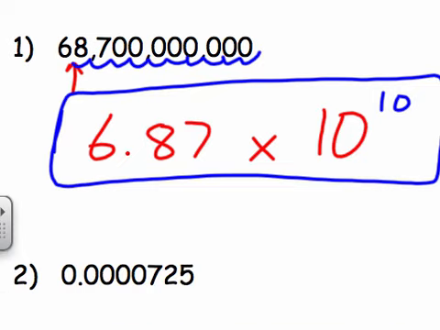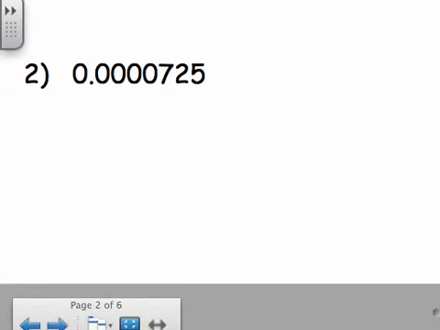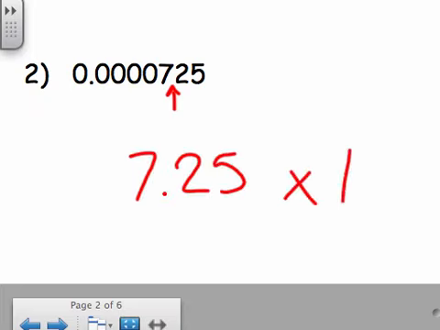Well, what would happen if I needed to represent a smaller number? Same type of thing, I got to decide where's my decimal going to go. Well, I can only have one digit left of the decimal, so I'm going to put it right after my 7. So I got 7.25 times 10. Well, let's think about this now.